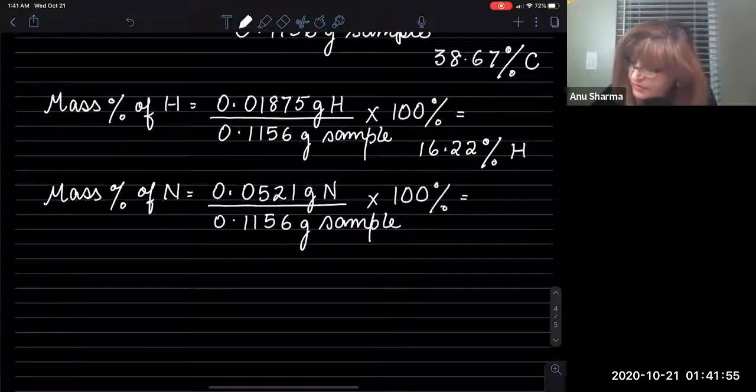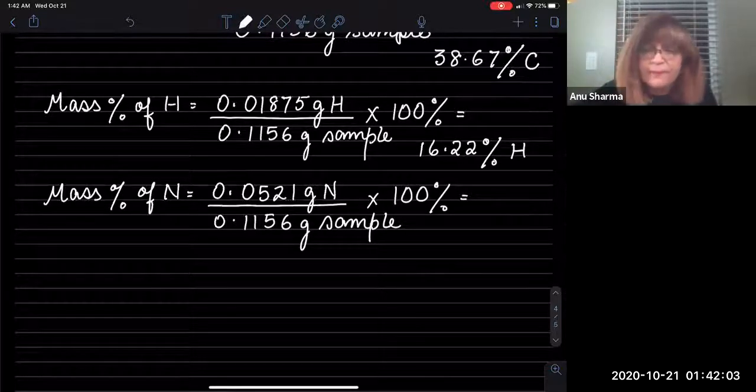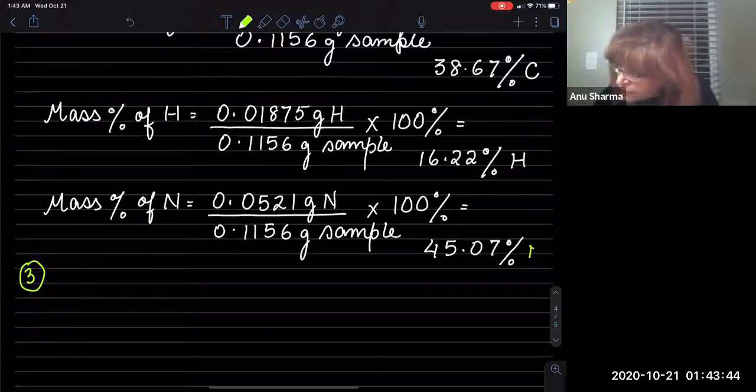And this gives you the mass percentage of nitrogen to be 45%.